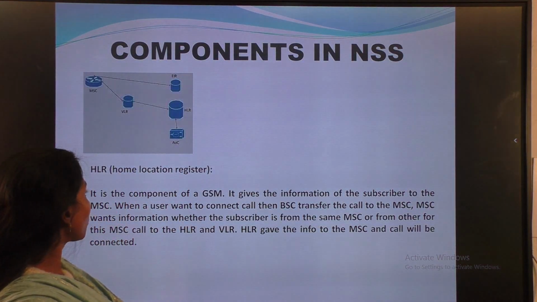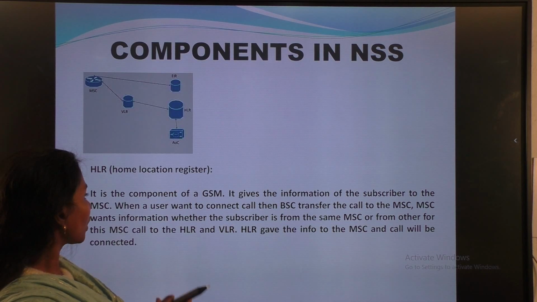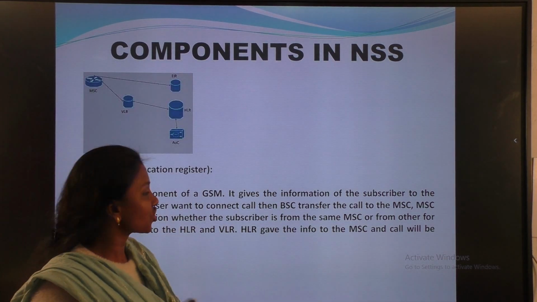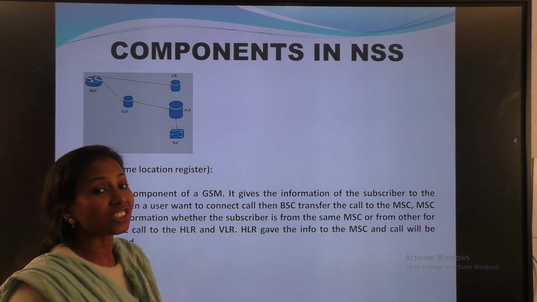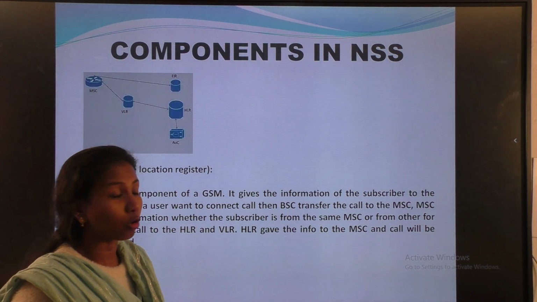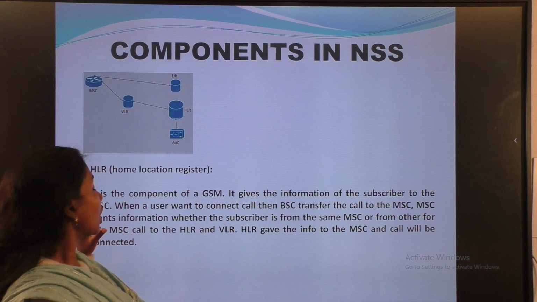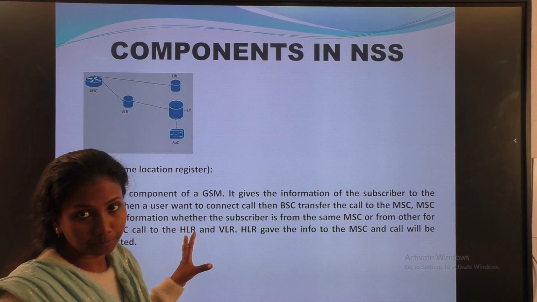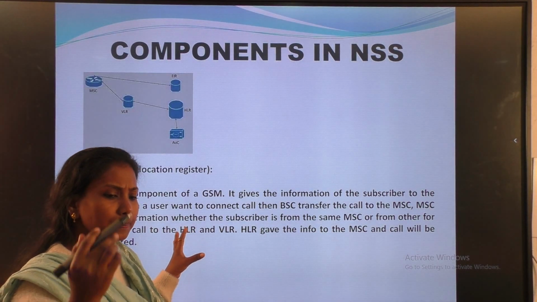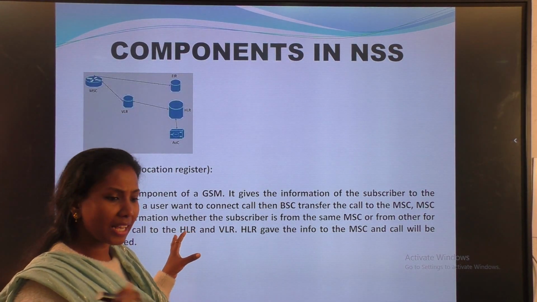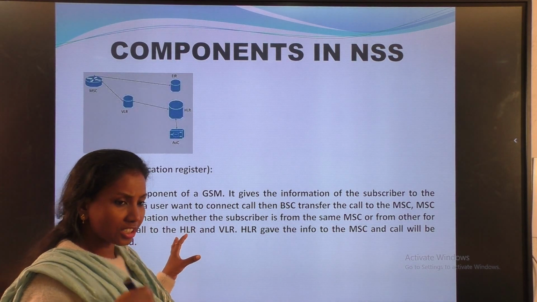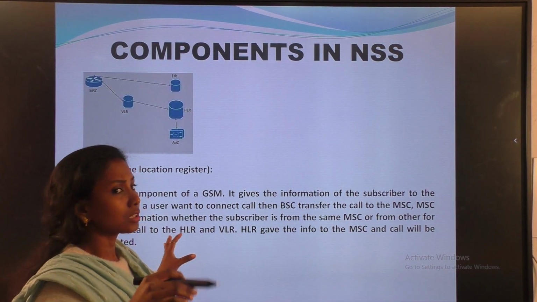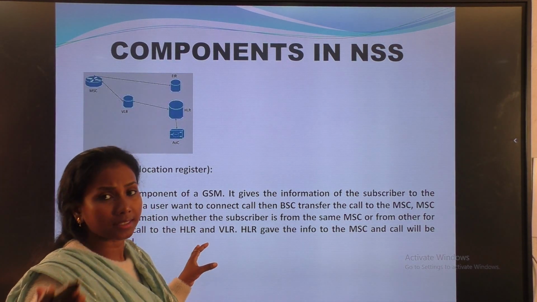So here, the home location register is a component of your GSM, and it gives the information about the subscriber to the mobile service switching center, meaning whether the user is present in the same network or in some other network.